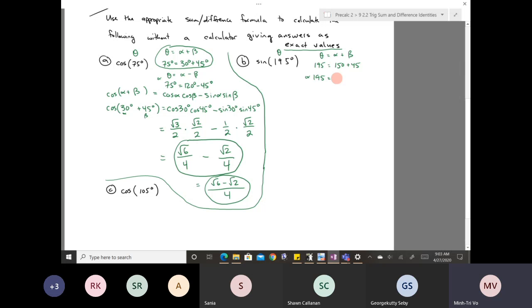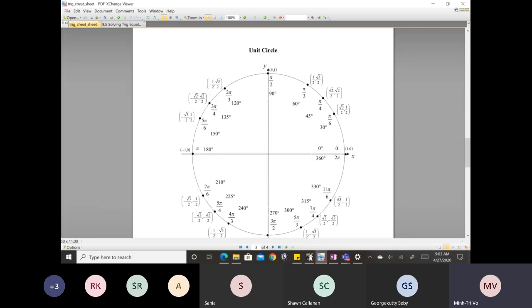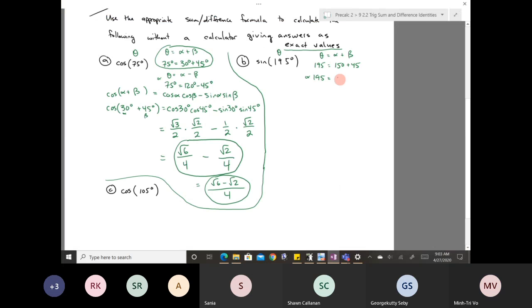So instead of doing 150 plus 45, how else can I do it? I can do 60 and 135. So let's try it this way.